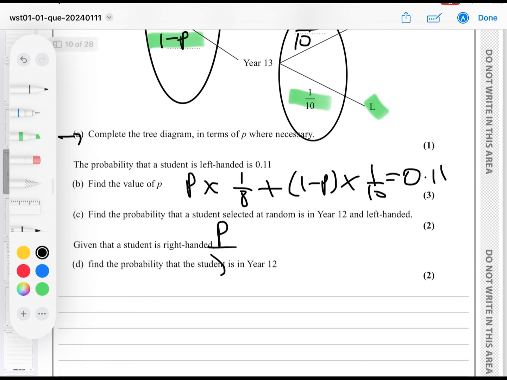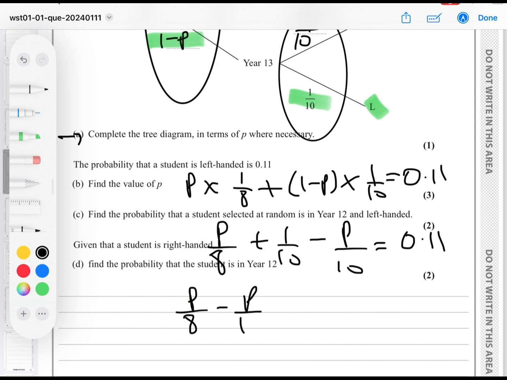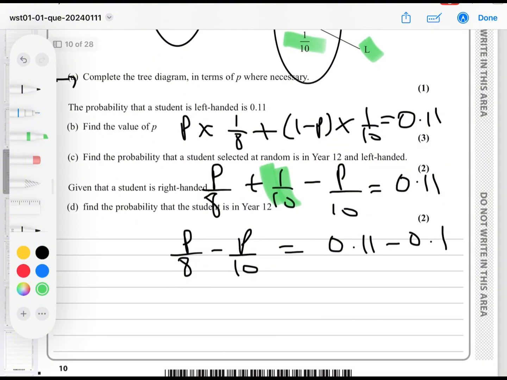This will become p upon 8 plus 1 upon 10 minus p upon 10 equals 0.11. So now solve this one. P upon 8 minus p upon 10 equals 0.11 minus 0.1. This will turn to 0.01.